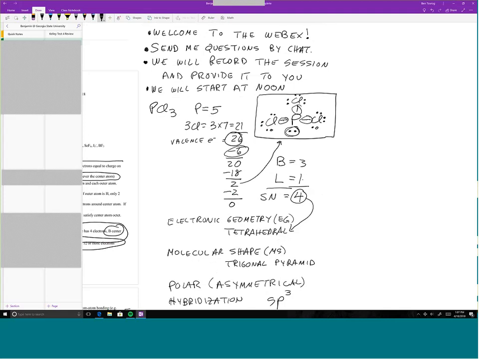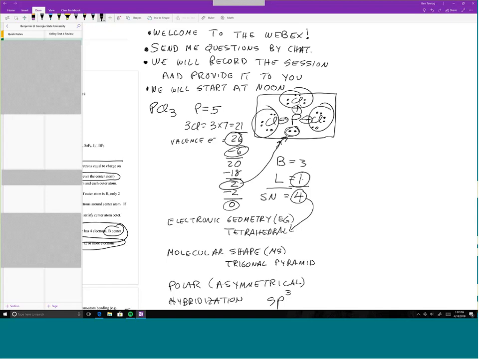That's the 6. It means we had 20. When we place the 6 electrons around the outer chlorines, that's 18, which meant we had 2 left over. Those leftovers go to the phosphorus center atom, and only then are they deducted and we wind up with 0.